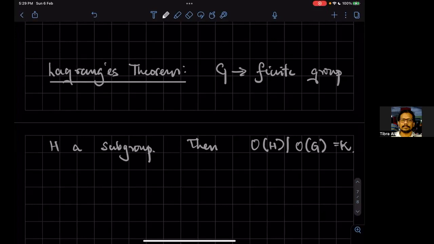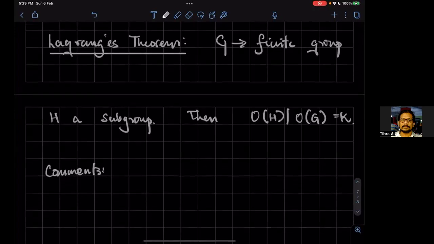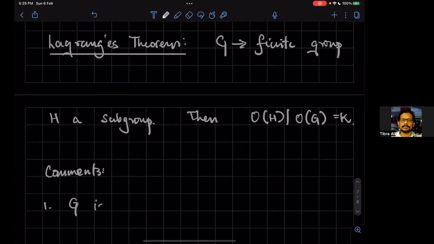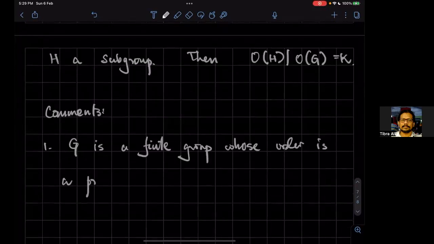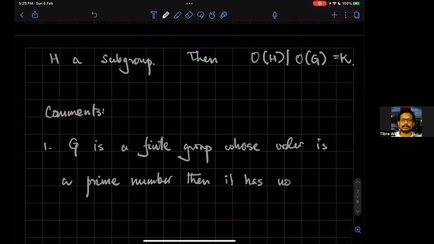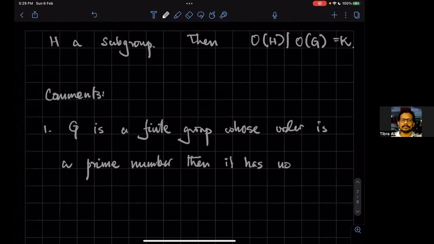One of the comments you can make is, if G is a finite group whose order is a prime number, then it has no proper subgroup, right?